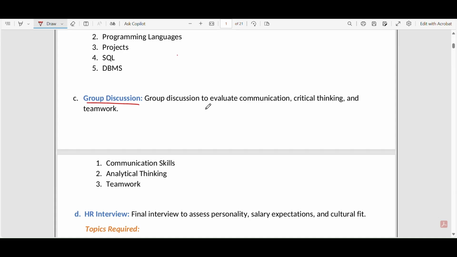If you are given a topic like 5G technology, then you have to discuss it by taking one thing, pros or cons. There are pros and cons in 5G technology.